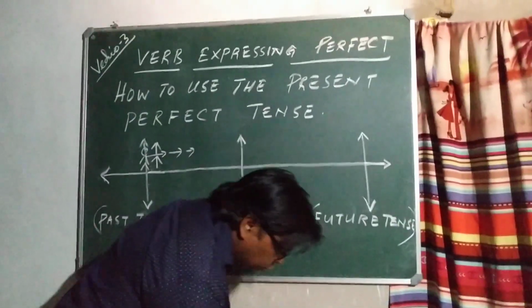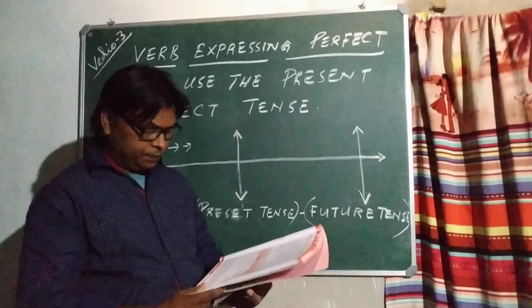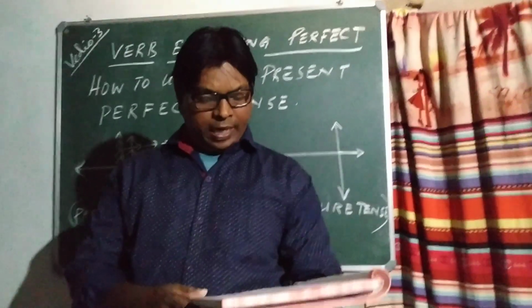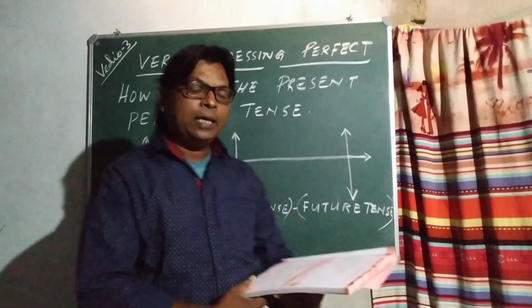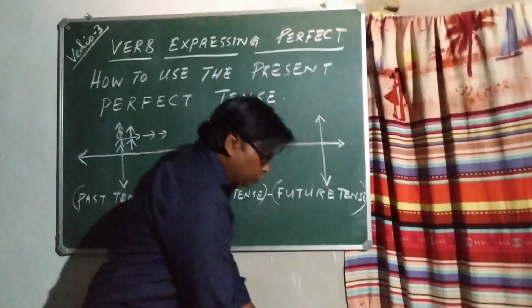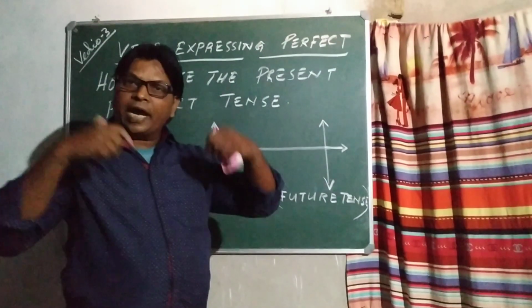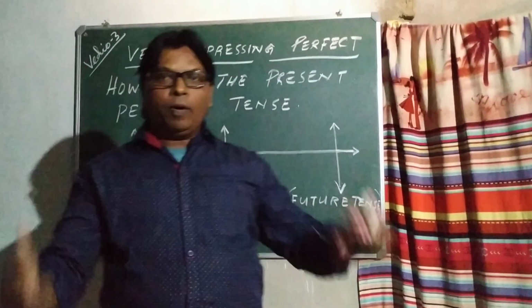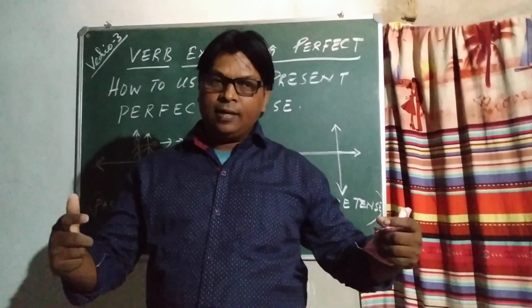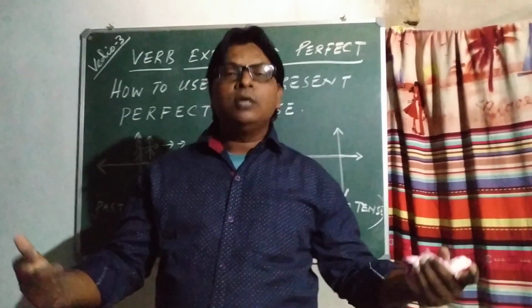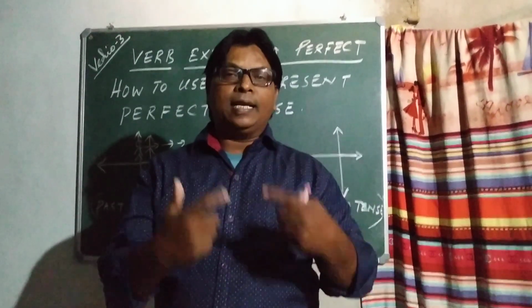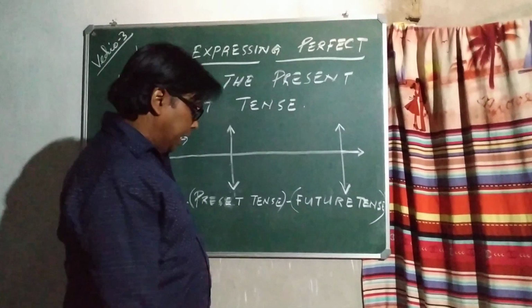What it means: I have collected my certificate. The action of studying is already over. He has studied in a certain school or college or university. So now he has collected his certificate.